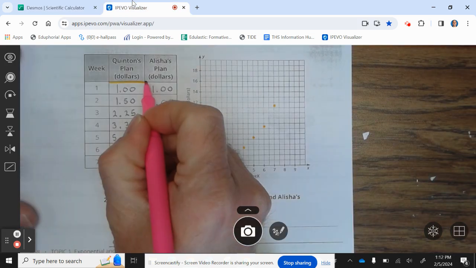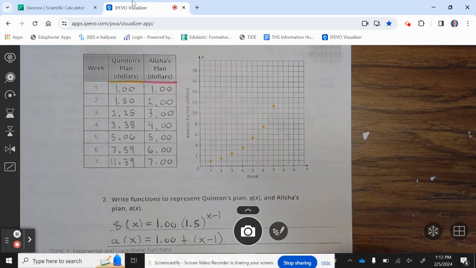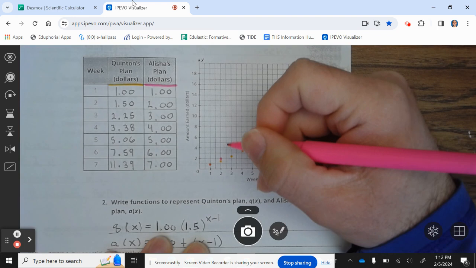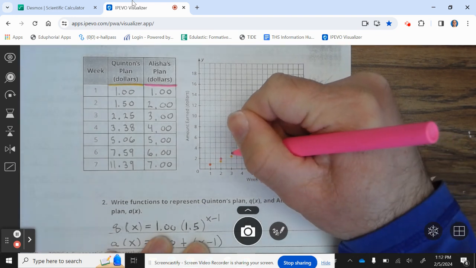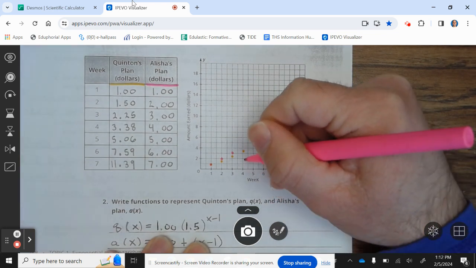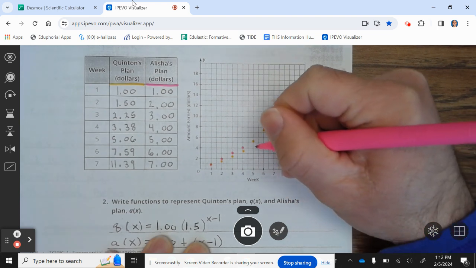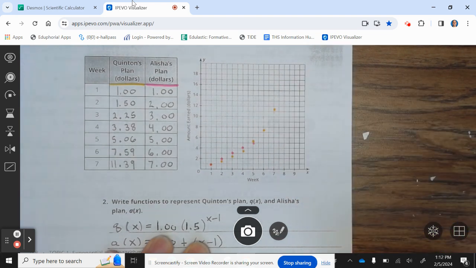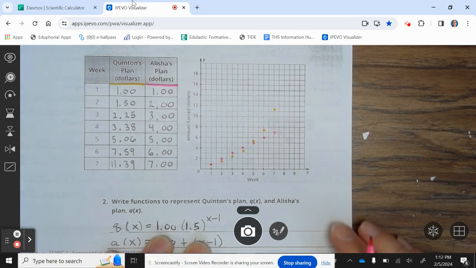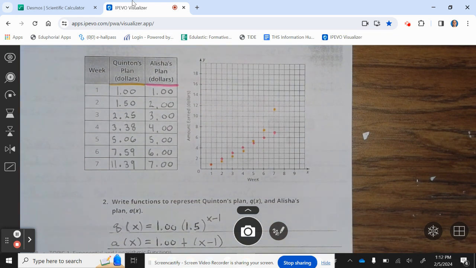Alright, let's go ahead and graph that in pink. So 1, 1, 2, 2, 3, 3, 4, 4, 5, 5, 6, 6, 7, 7. Alright, go ahead and finish up the table and graph.